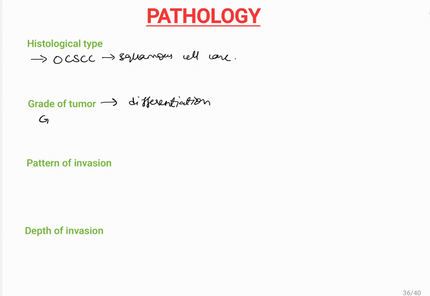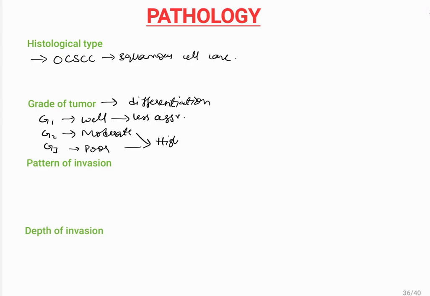The grades can be given as G1, G2, and G3. G1 refers to well differentiation, G2 moderate differentiation, and G3 poor differentiation. The well differentiated tumors are less aggressive, whereas poorly and moderately differentiated tumors are highly aggressive.